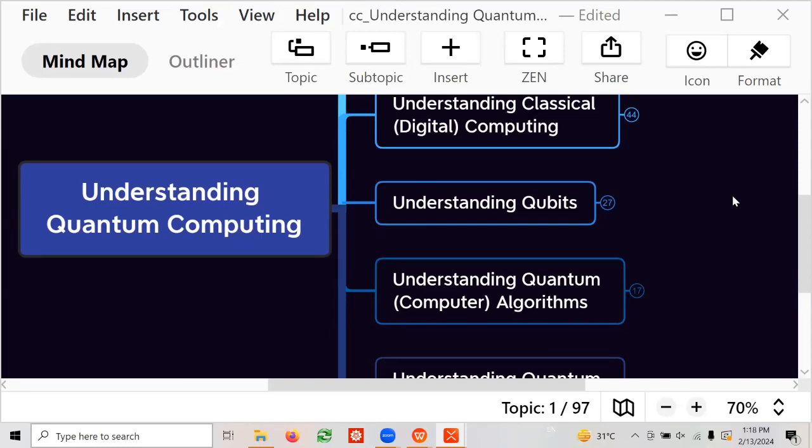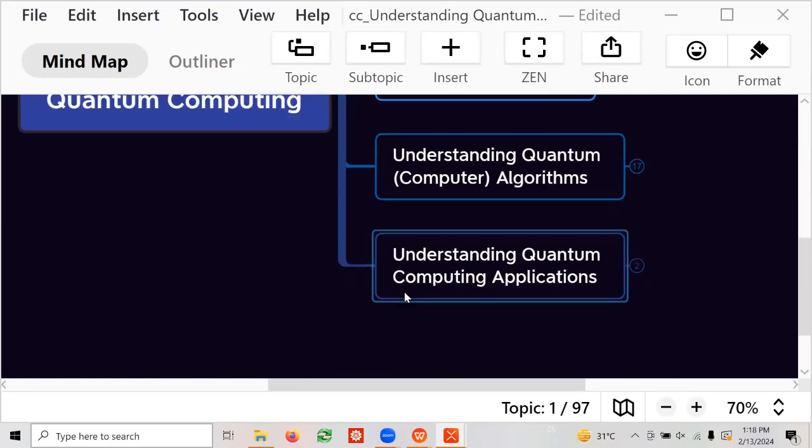I mean, you know how to use them, but you need to know a little about how it builds from the ground up, starting from the individual electronic bit, the binary unit of information, all the way up to application. And then we'll go to the qubit, which is a quantum analog of a regular digital bit, the binary computer bit that you're familiar with. And then we start to understand a little bit about quantum computing algorithms.